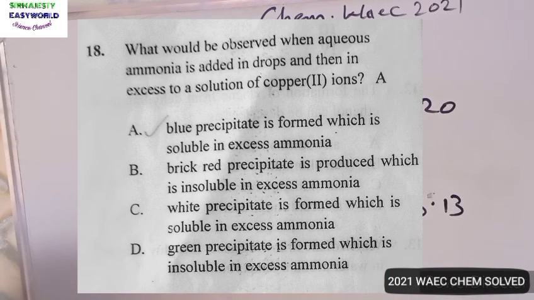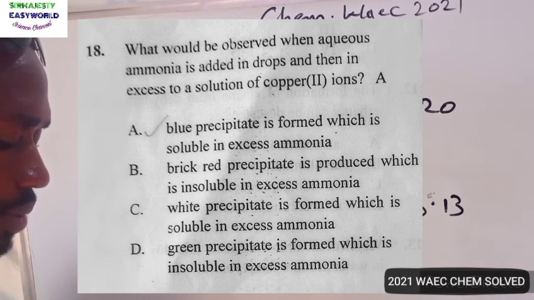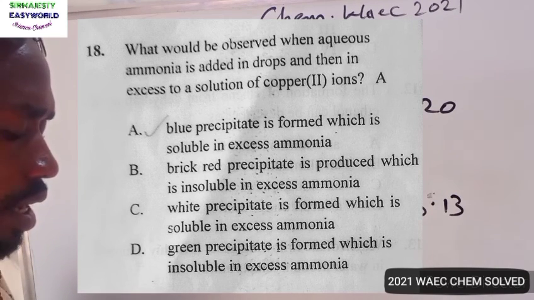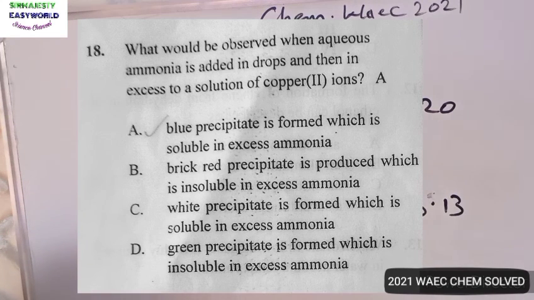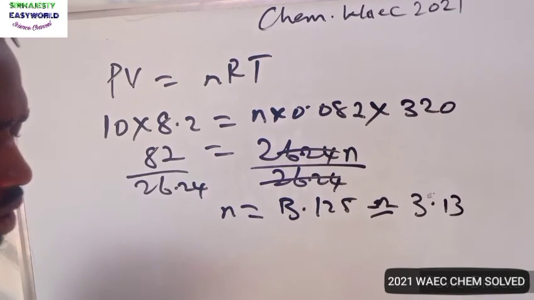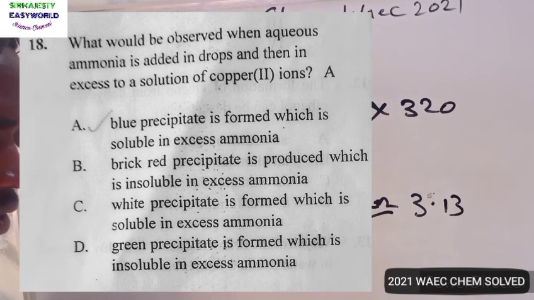And question 18 says, what would be observed when aqueous ammonia is added in drops and then in excess to a solution of copper 2 ions? If you add aqueous ammonia to a solution of copper 2 ions, there will be formation of a light blue precipitate in drops, which dissolves in excess to form a deep blue solution. So option A says, blue precipitate is formed, which is soluble in excess ammonia.